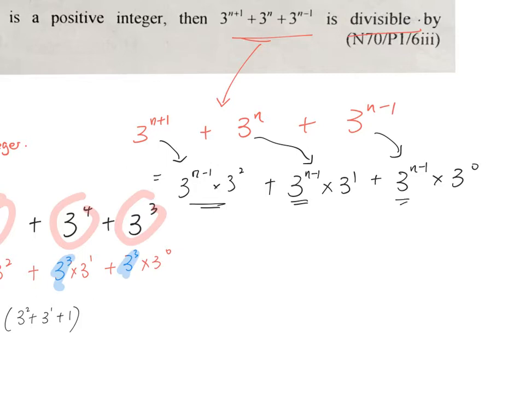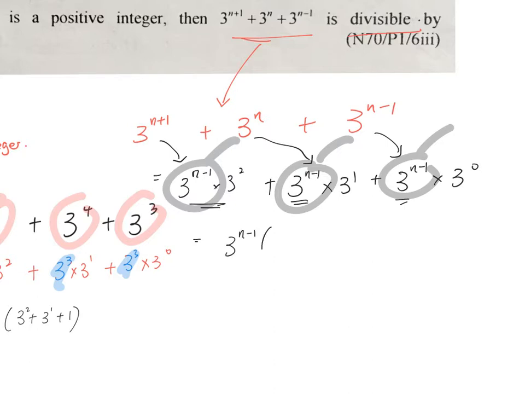These three terms share the common factor, so I take out 3 to the power of n minus 1. What is left is this term plus this term plus this term: 3 to the power of 2 plus 3 to the power of 1 plus 3 to the power of 0.